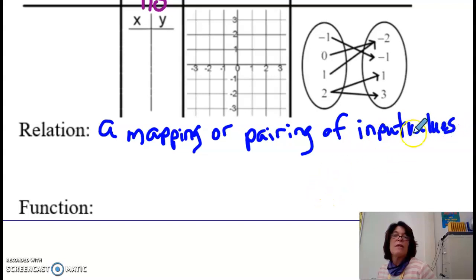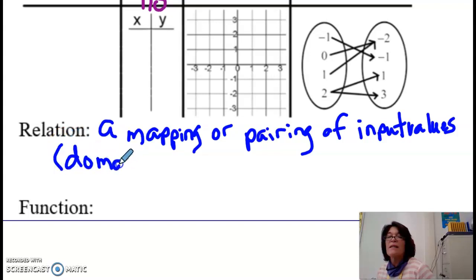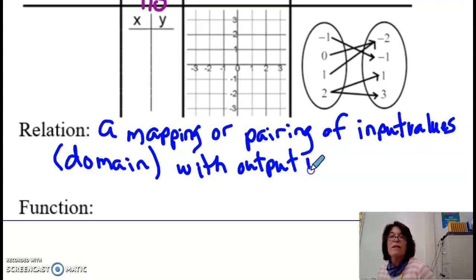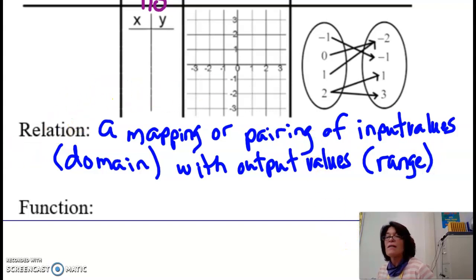Sorry, those are 2 words. Input values. And by the way, those input values are called the domain. So it's a mapping or pairing of input values with output values. And those output values are called the range. So anyway, hopefully you got that. That's the formal definition.